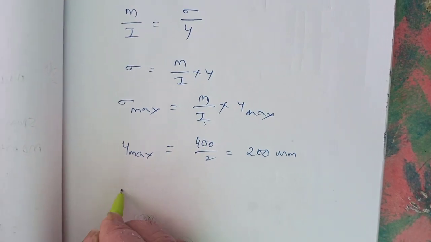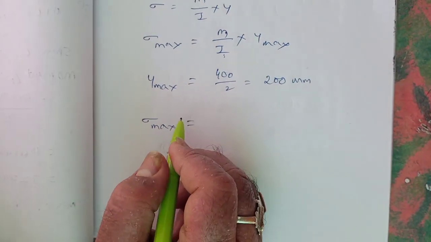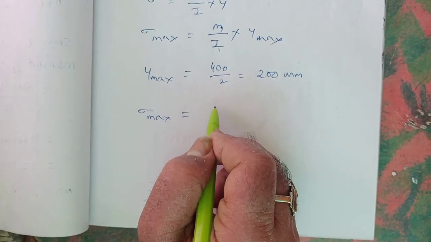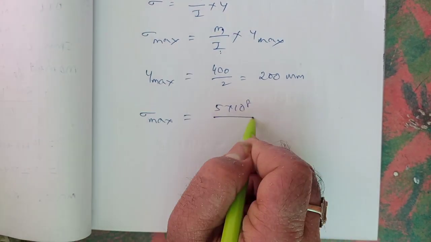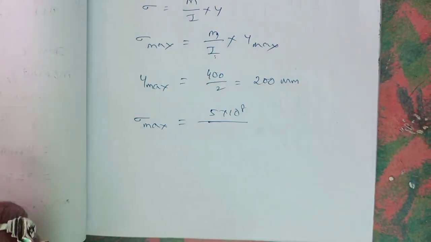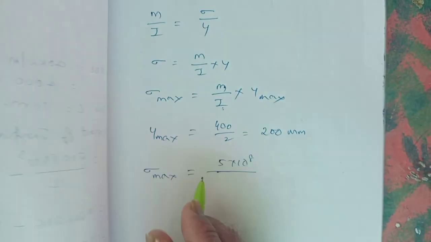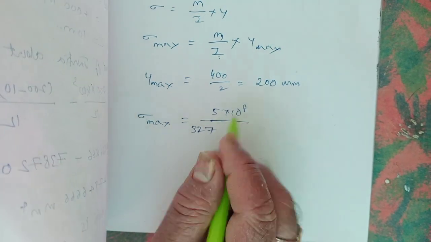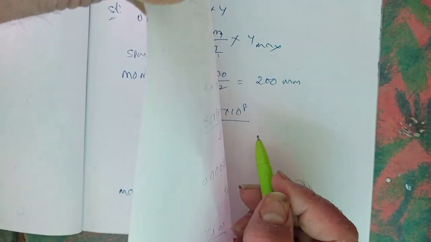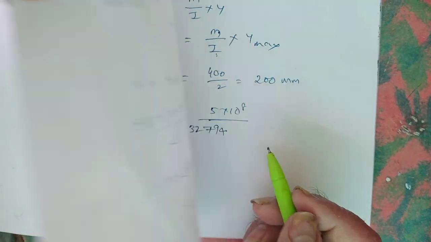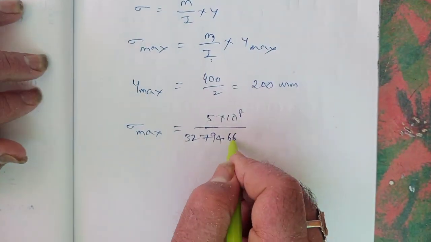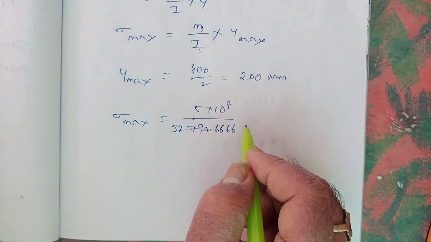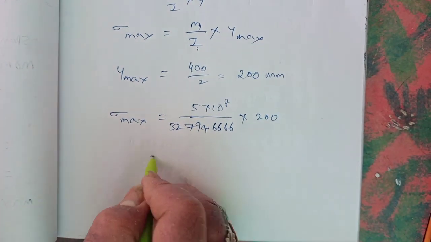Okay, so maximum stress is equal to M value, 5 into 10 to the power of 8, divided by I value, 32794 double six double six double six double six, into y, which is 200.